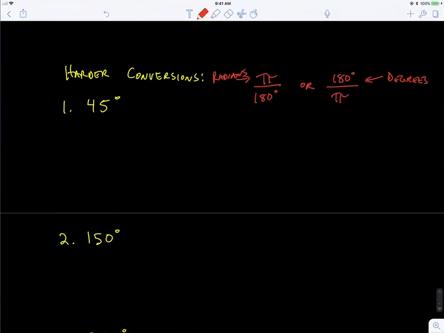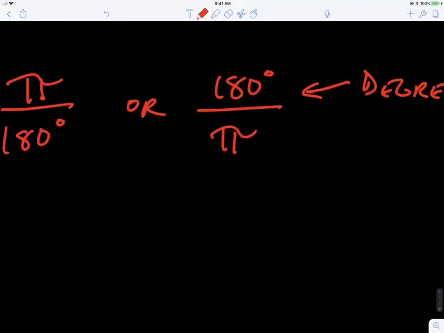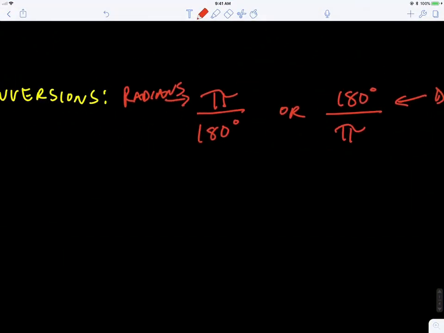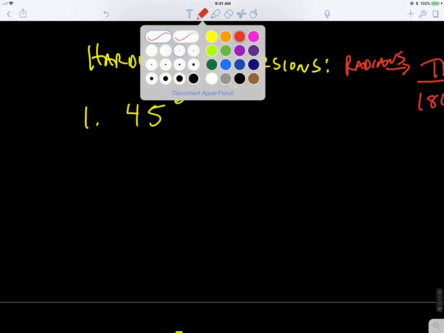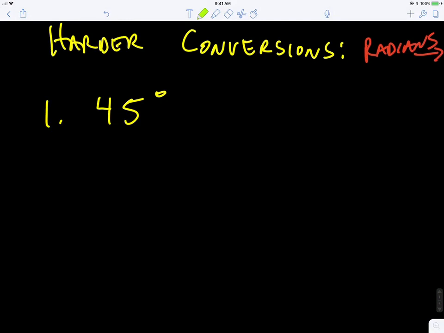So we use this idea that we know pi is equal to 180 to make our fractions. And which one do we use? In this case, let me use green. 45 degrees, I want to convert that into radians. So I'm going to multiply that by a fraction. If I want to convert to radians, that means my degrees need to cancel. So this is like over 1, don't forget.